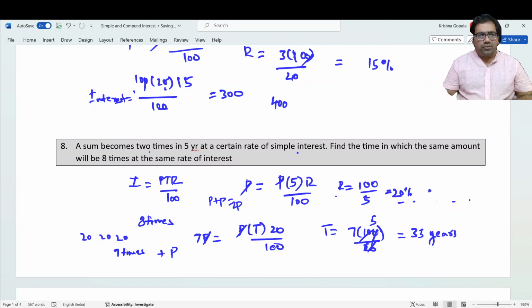Now the same original amount, if it has to become 8 times, what does that mean? The interest will be 7P to make the total 8P, right? 7P is equal to P into T into the same R, which is 20 by 100. That becomes T is equal to 700 by 20, which is 35, right?